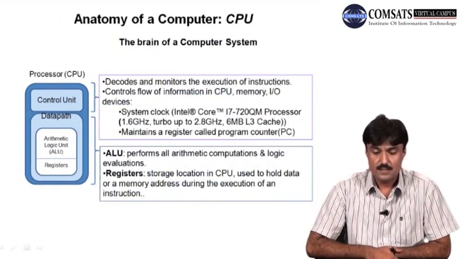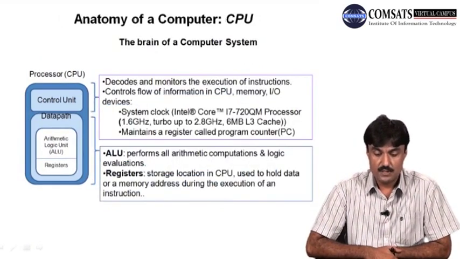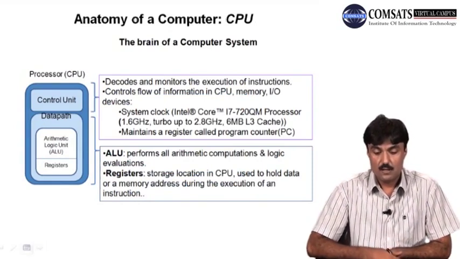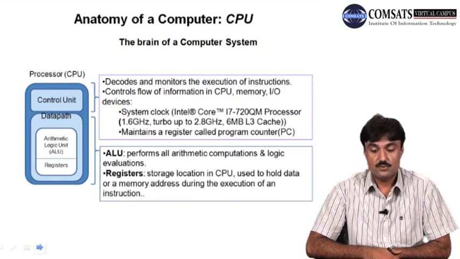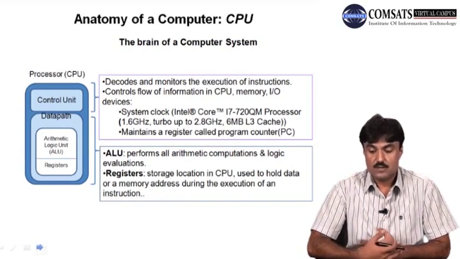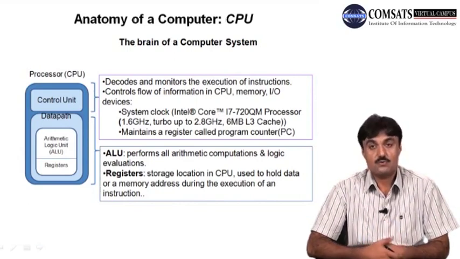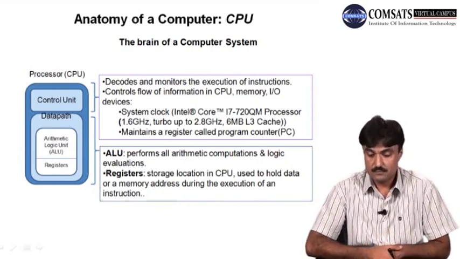Inside the CPU, the upper part, the control unit, decodes and monitors the execution of instructions, and it controls the flow of information inside the CPU, memory, and the I/O devices. Whatever information flows between CPU, memory, I/O devices, it controls everything.